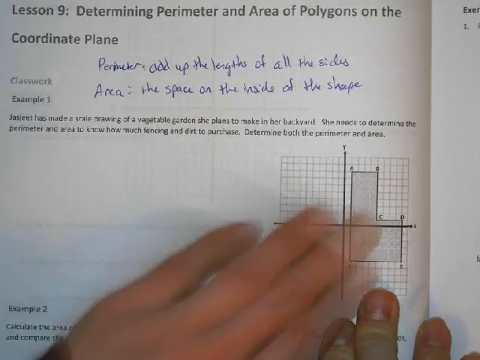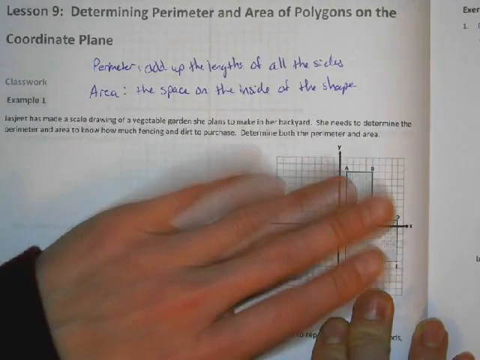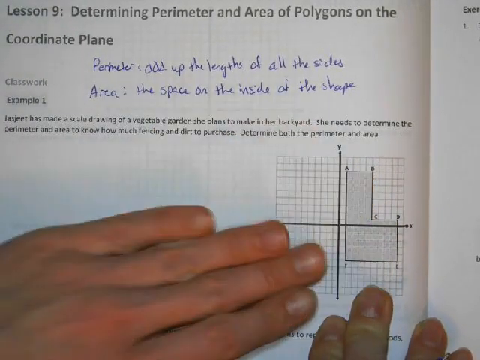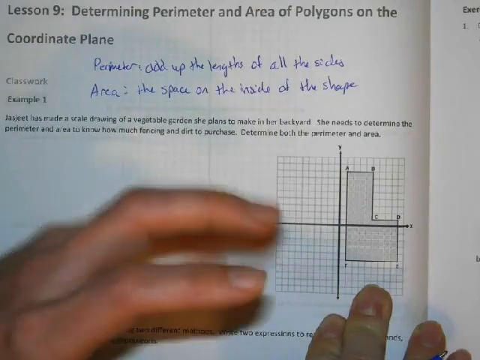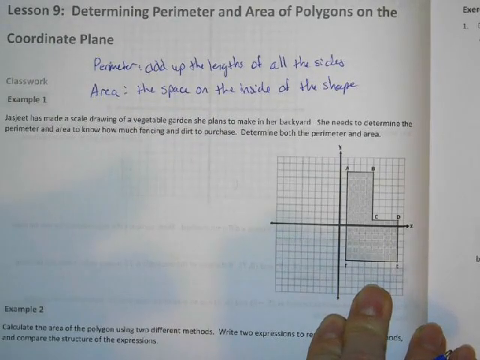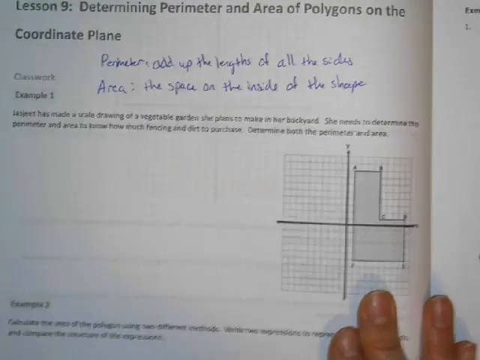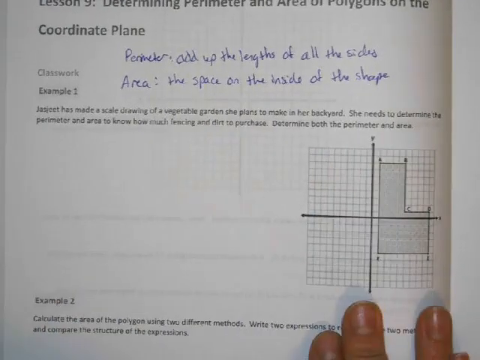Now, area is for two-dimensional shapes, that means it's flat. Volume would be the area inside that 3D shape as well. So those are a little bit different, but for now, this definition will work.